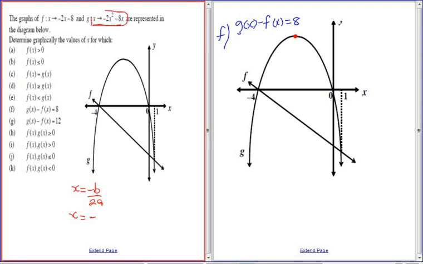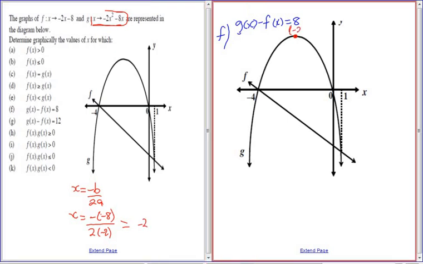Okay? So it's minus 8 over 2 by a. In this situation, your a is -2. So as you can see, your x value here is likely going to be 8 divided by -4. That should be -2. So here, this x value is -2.